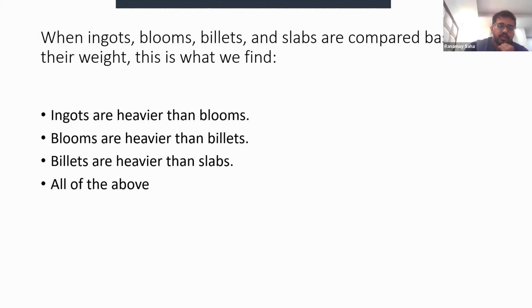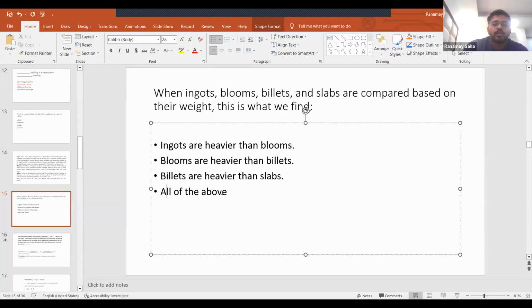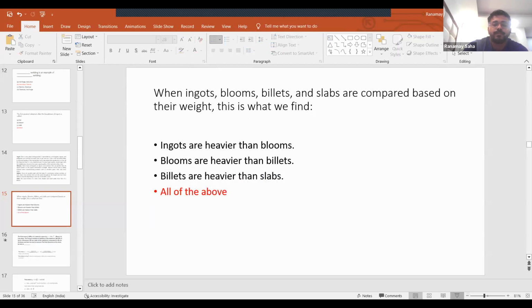Blooms are heavier than billets, because billets have a smaller cross section than blooms, and blooms have a larger material volume than billets. And then billets are again heavier than slabs because slabs have much less thickness, so the volume they take is lesser than that of billets. So in that case, all three options are correct. So option 4 is your correct option.